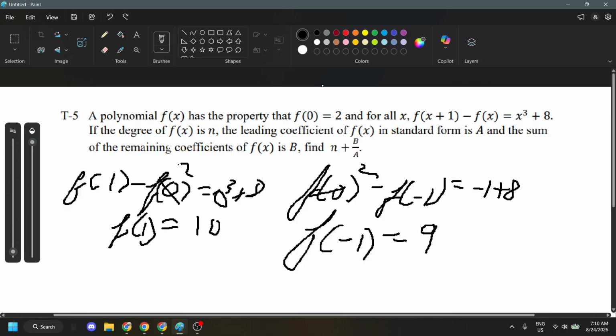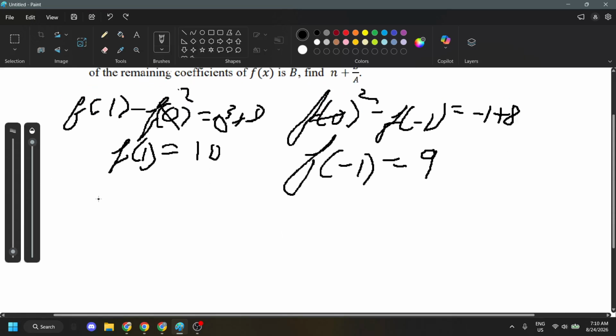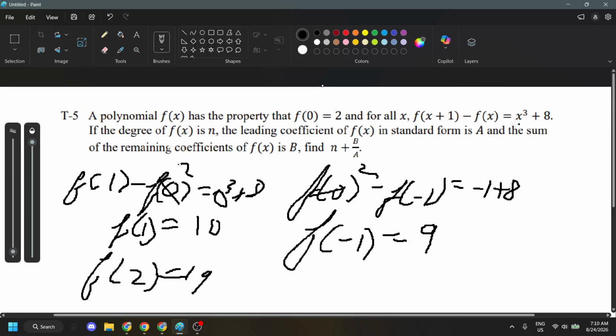Let's say f of x is equal to 1 here, here f of x is equal to 2. Then we get f of 2 minus 10 is equal to 9. So f of 2 is equal to 19. F of 3 minus 19 is equal to this.